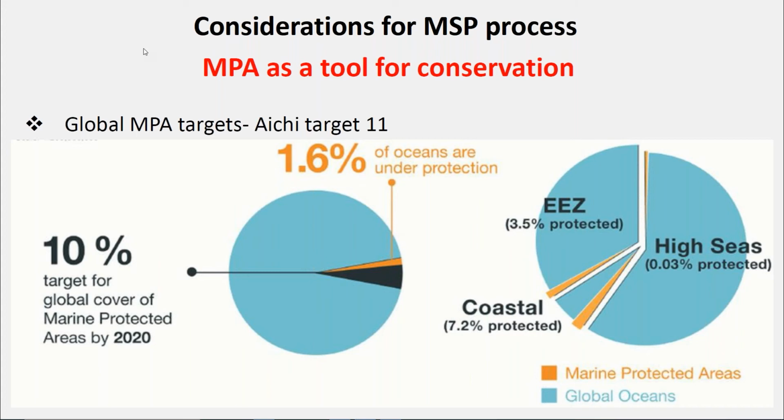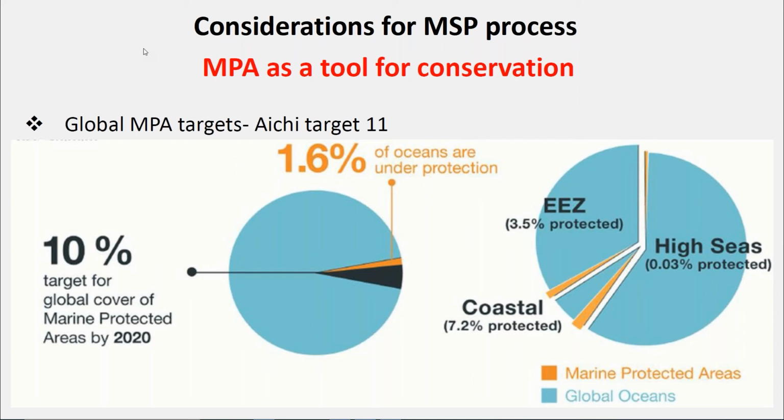If you look at the chart on the right-hand side, we can see that still in the high seas, we have a very little area under protection. Then in the EEZ, we have 3.5% protected, and in the coastal areas, which include mangrove, seagrass, and coral reefs, we have 7.2% of protection. But there are some countries that have even exceeded the 10% cover and have gone beyond it.